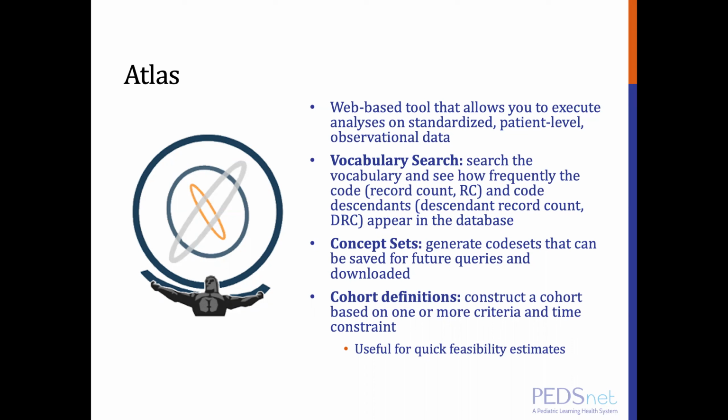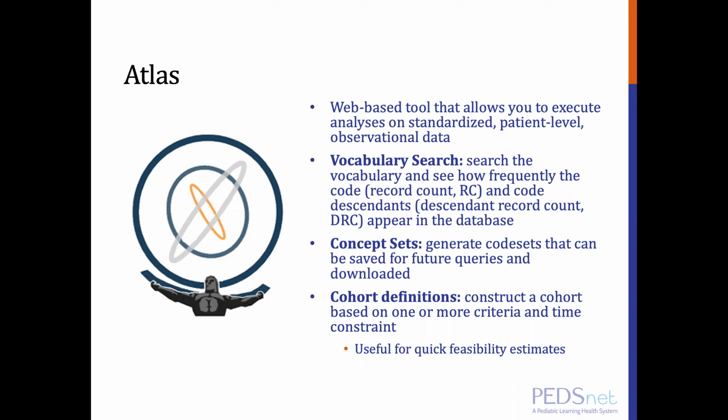So this is great if you have a code in mind and want to see how often it appears. Or concept sets: you can use the concept set feature in Atlas to generate the code sets that can be saved for future queries or downloaded as a CSV so that you can use that with your R code or SQL code. And then cohort definitions. You can construct a cohort based on one or more criteria and time constraint.